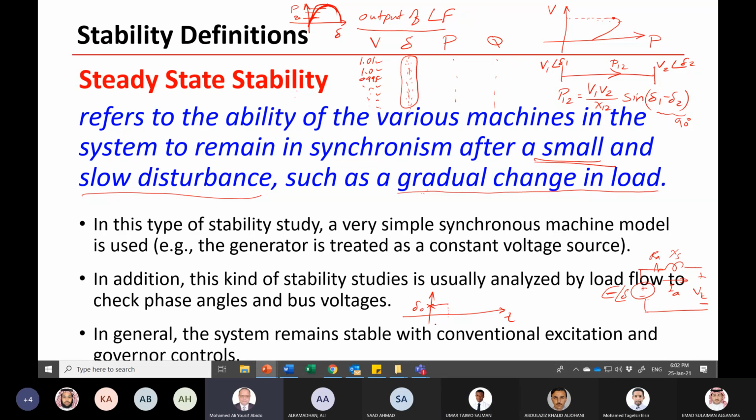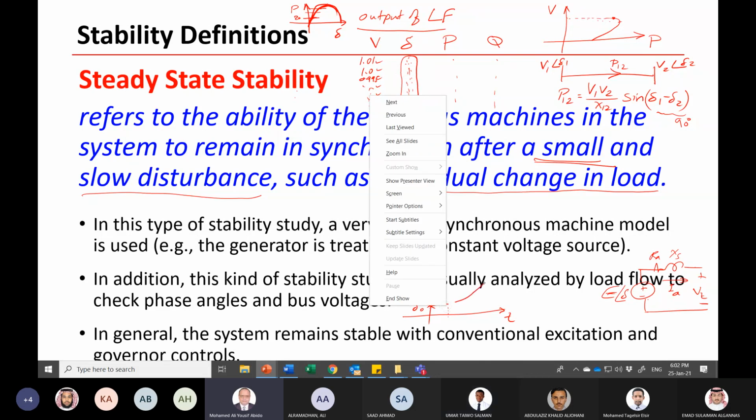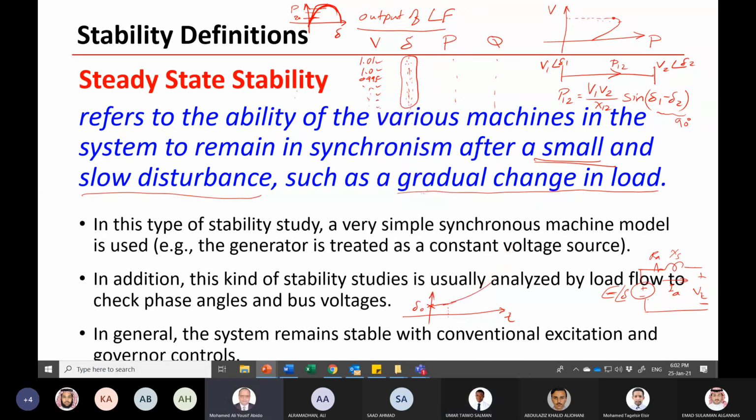If the fault occurs somewhere and the angle starts increasing monotonically, or it comes down here and goes up and down and so on, the angle is changing. So at a certain time, the generator becomes a motor and absorbs a huge current. So it will be damaged.